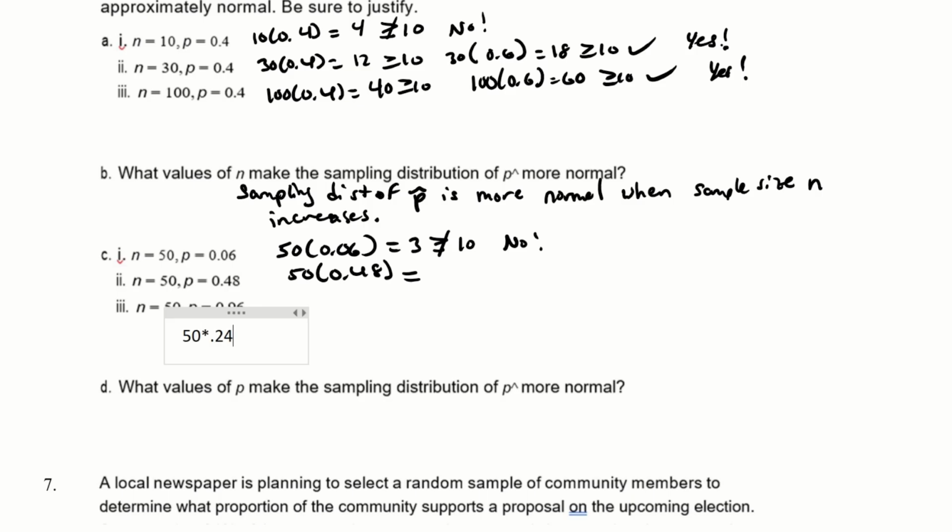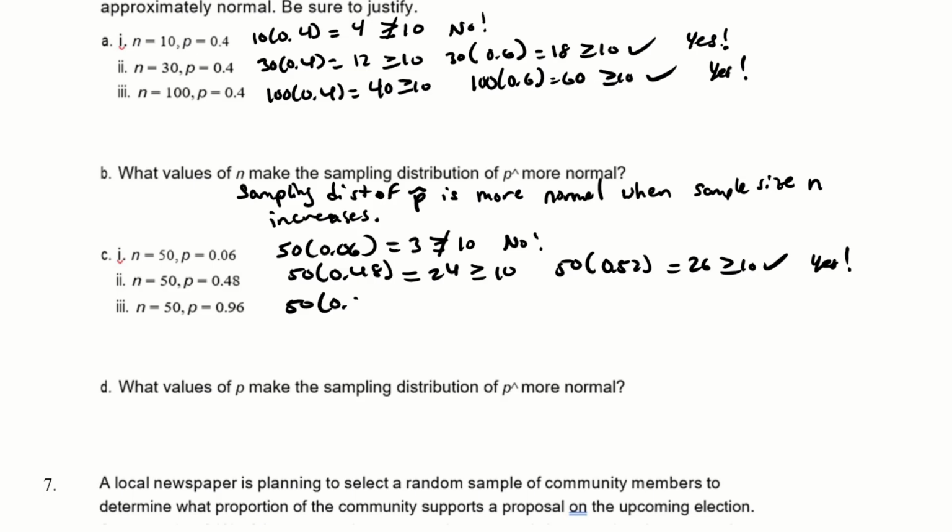This should be 24, yes, which is greater than or equal to 10. And then 50 times 1 minus that is 26. So yes. And this one is 50 times 0.96, which is going to be 48.